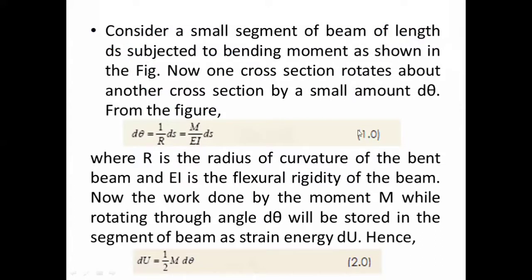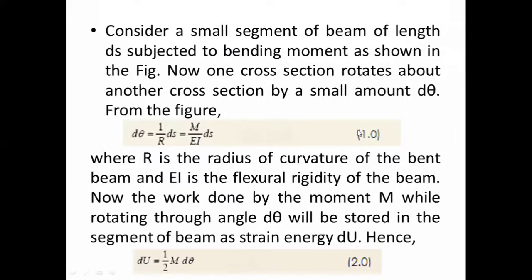What we have done here is we have applied the flexural formula. Do you remember the flexural formula? F by y is equal to M by I is equal to E by R. This is the equation.